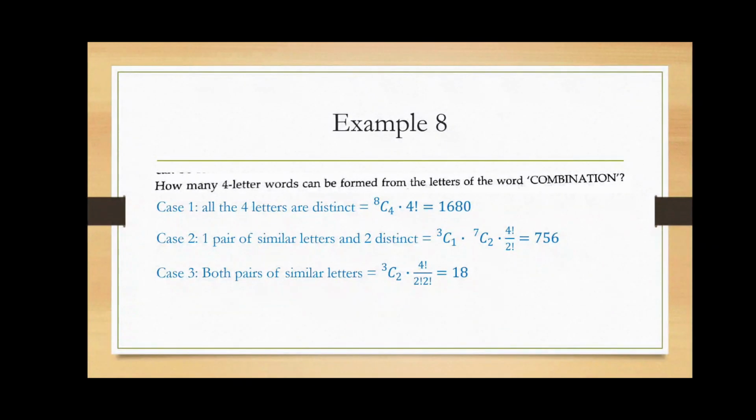But as there are 2 pairs of similar letters, I have to divide by their repetition, that is 2 factorial into 2 factorial, right? So that gives you this particular value. And so finally, what is the total number of 4-letter words that we can form? I need to add them up. So if I add them up, I get this. So this is the number of 4-letter words that I can form, right?